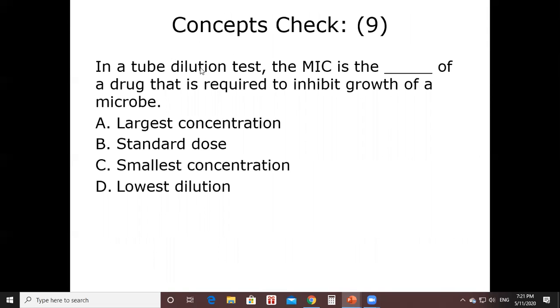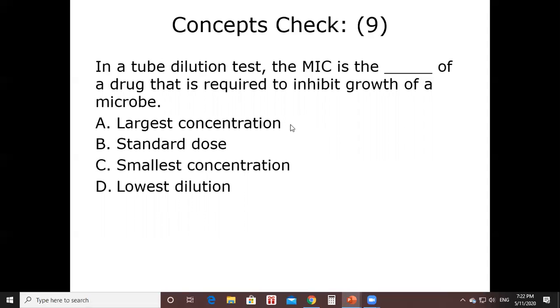So in a two dilution test, the minimum inhibitory concentration is the what of a drug that is required to inhibit growth of microbe.